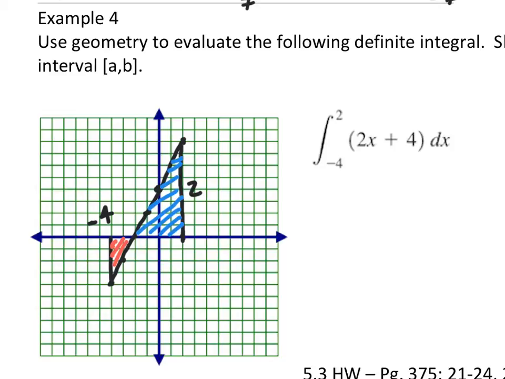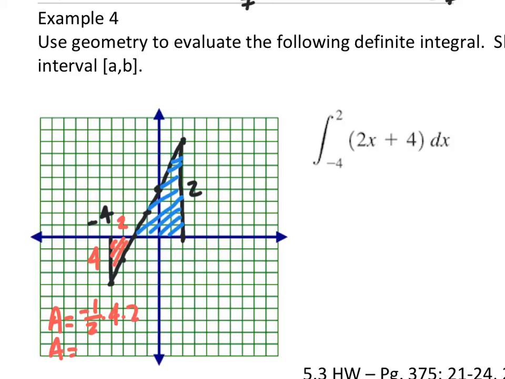All I want to do now is use coordinate geometry to calculate the area underneath the curve. Because these are triangles, we can calculate the area. I know that this is a 2 by 4 triangle, but it's below the x-axis, so it's negative. So the area of my red triangle is -1/2 times 4 times 2.